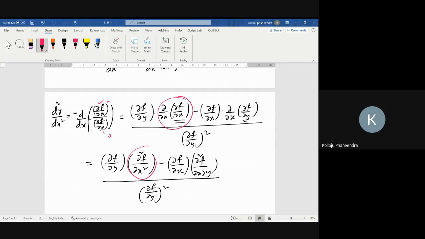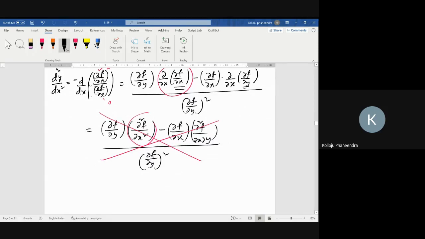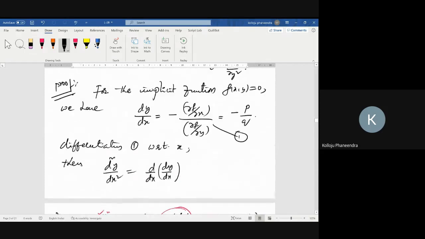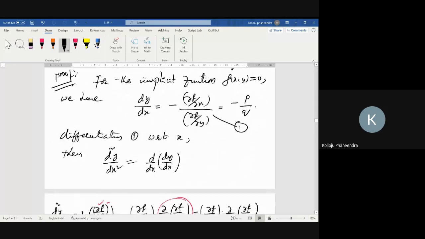Let me keep it like this only to understand the topic. Actually I should write the df by dx here. For f(x,y) = 0, differentiate with respect to x.